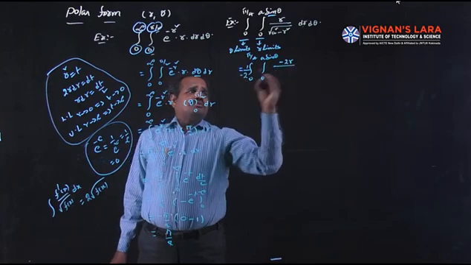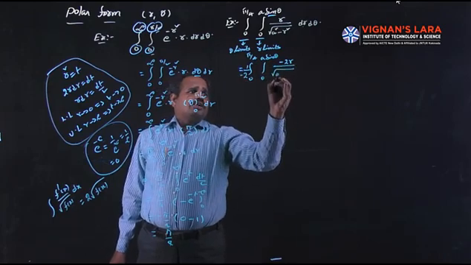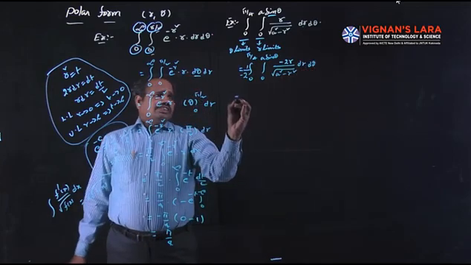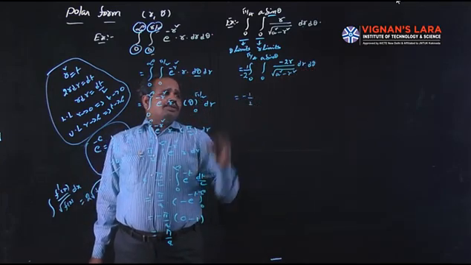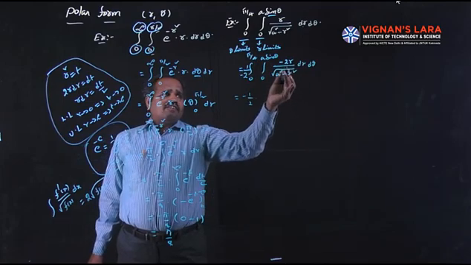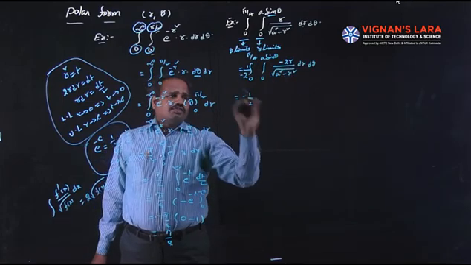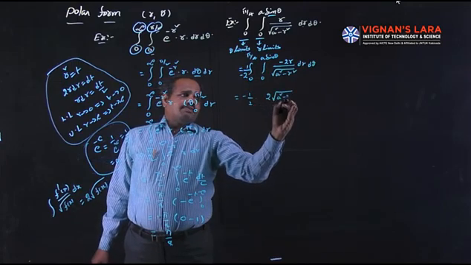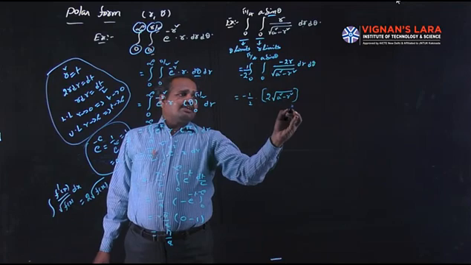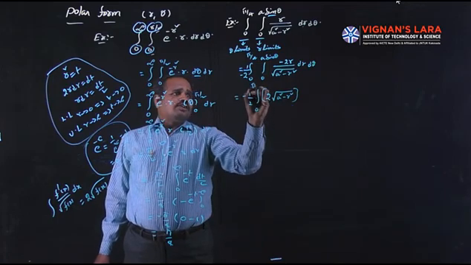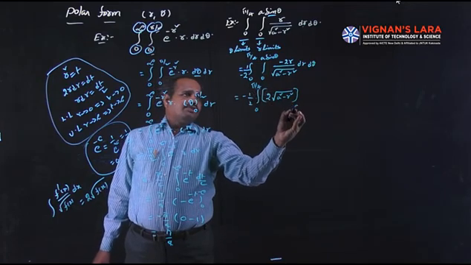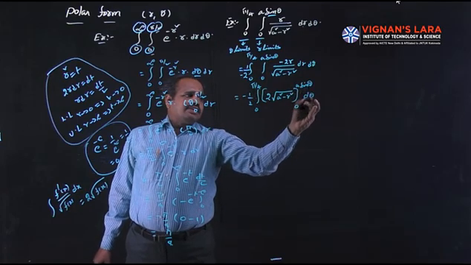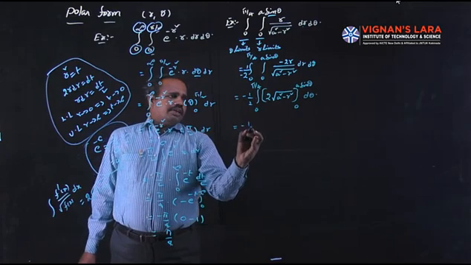Then this becomes minus 1 by 2 into minus 2r by under root of a square minus r square, dr d theta, which is f dash of r by square root of f of r, and the formula gives 2 root f of r. The limits for r are 0 to a sin theta, and theta from 0 to pi by 4, d theta. Now substitute upper and lower limits.